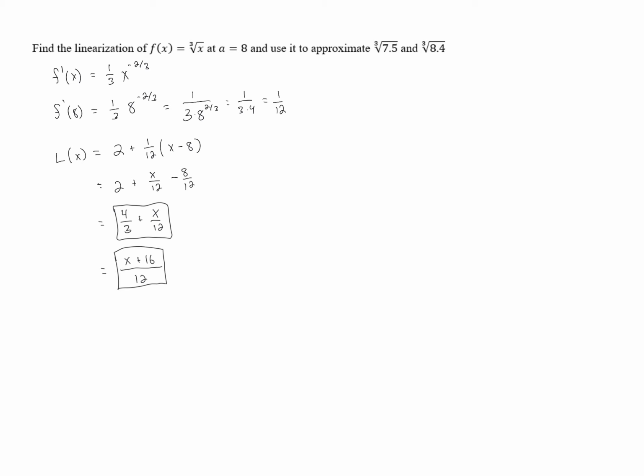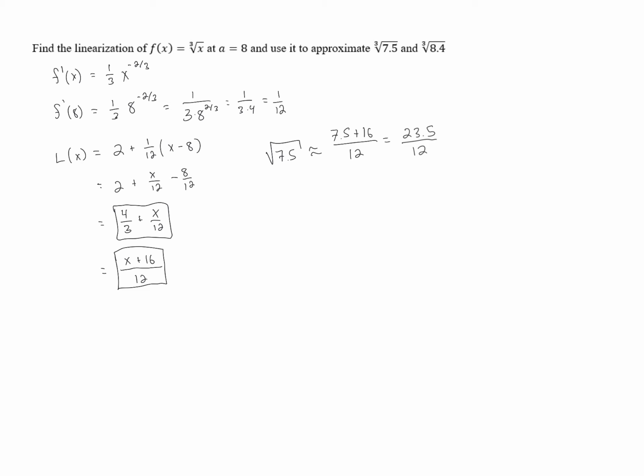And we want to use that to approximate the cube root of 7.5 and the cube root of 8.4. So the cube root of 7.5 is approximately 7.5 plus 16 over 12, which is 23.5 over 12.